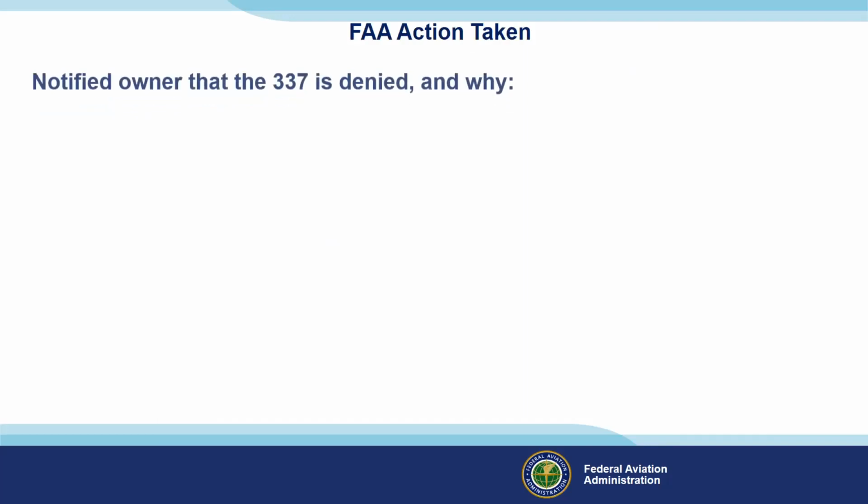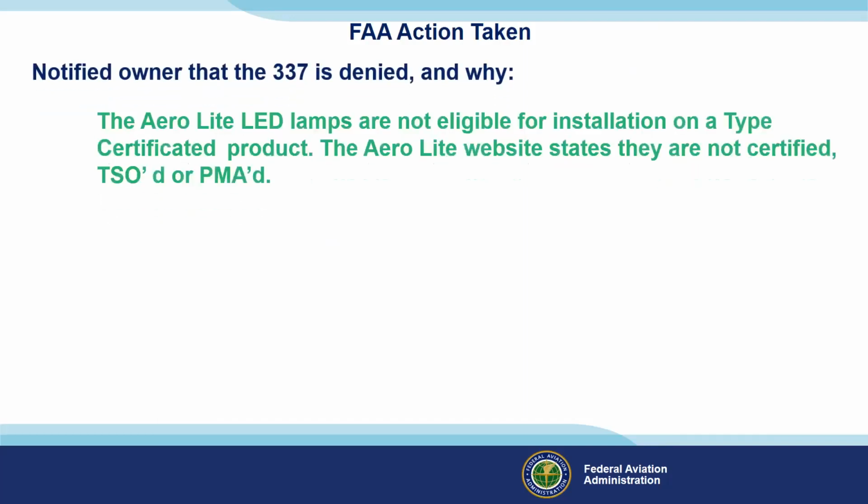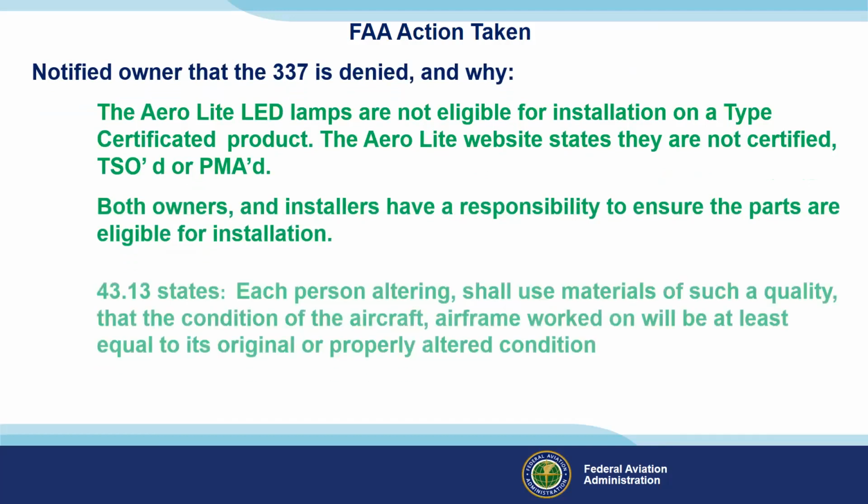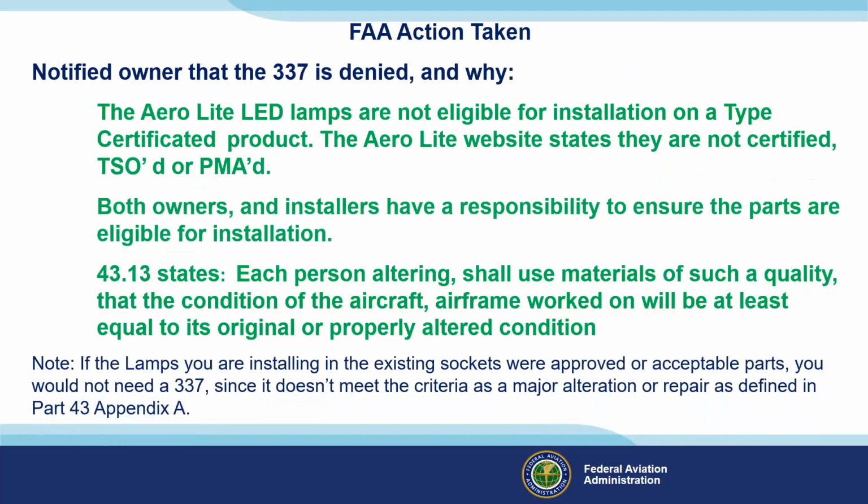So the actions that were taken were: notified the owner that this light is not eligible for installation on a type certificated product. Reminded them that both the owner and the installer have a responsibility to ensure parts are eligible for installation, because remember the performance rule, 43.13.